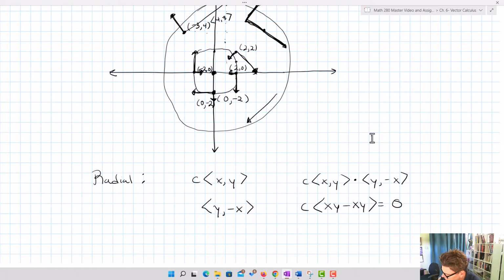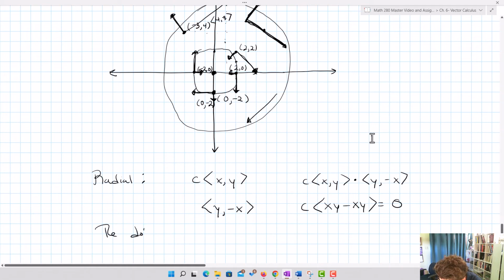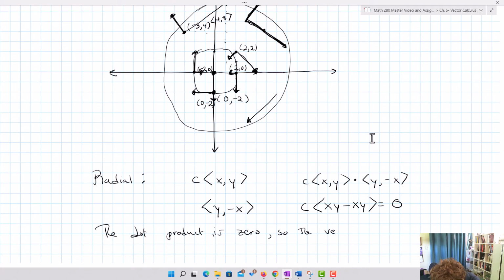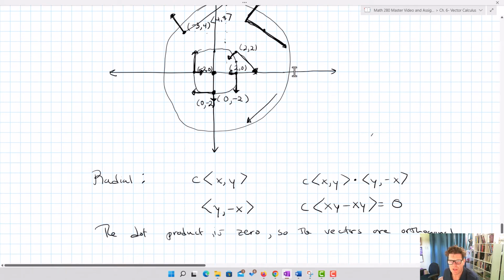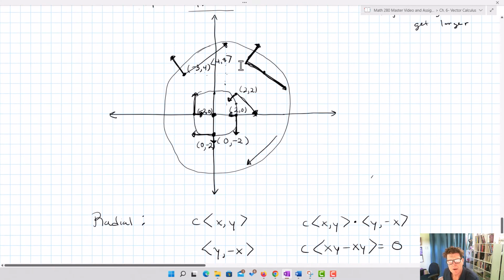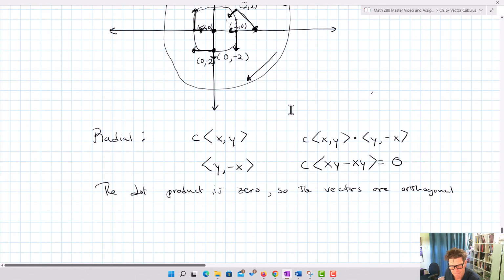So the dot product of the two of them equals 0, so the vectors are orthogonal. So I've got a set of vectors that are orthogonal to the radial field. Basically they're moving perpendicular to the lines that are going away from or towards the origin, excuse me.